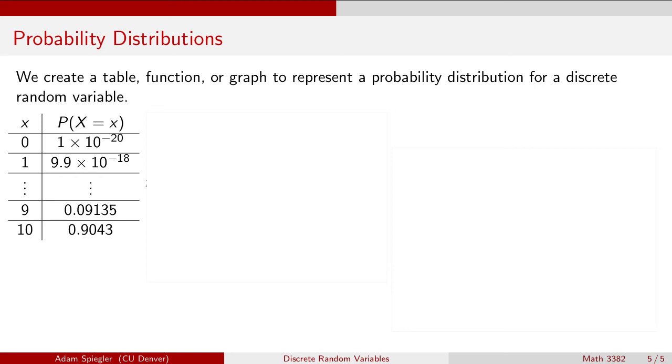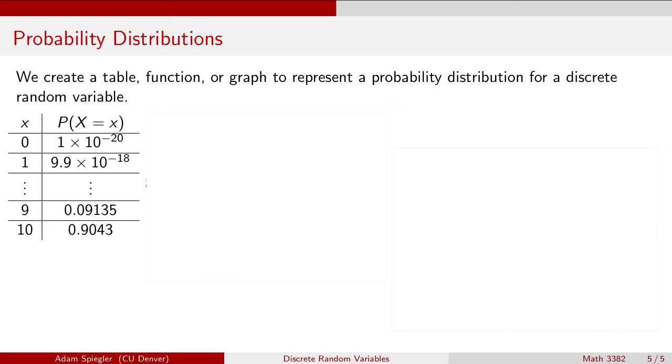There are 11 different possible values for X here. You could get no good batteries all the way up to 10 good batteries. And this is telling us the probability of getting no good batteries, 1 good battery, all the way up to 10. So these were the probabilities that we calculated, some of them on the previous slides.